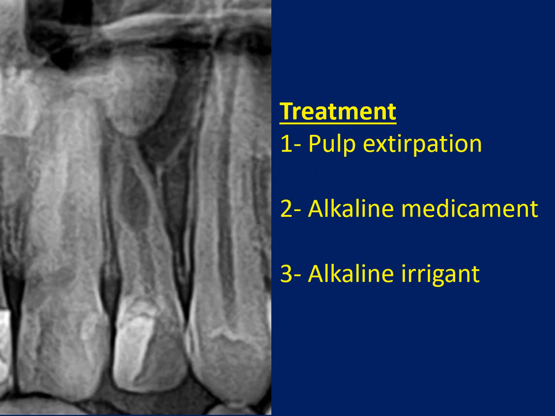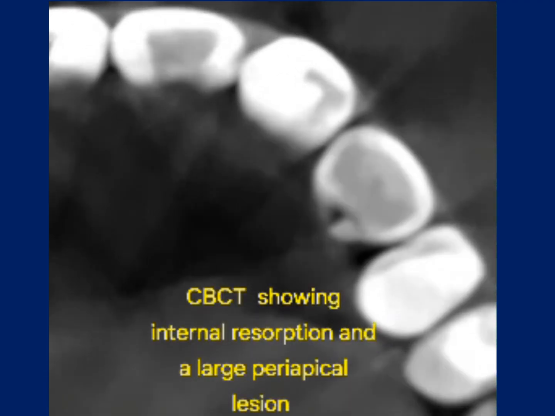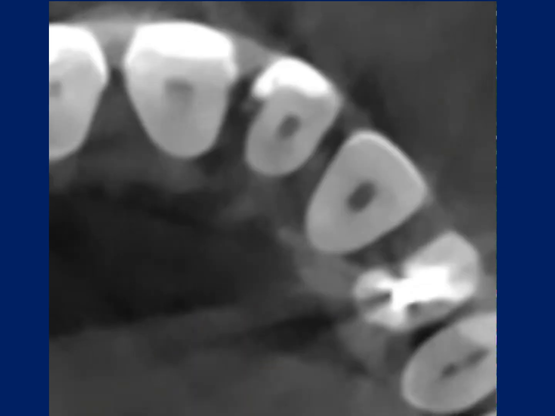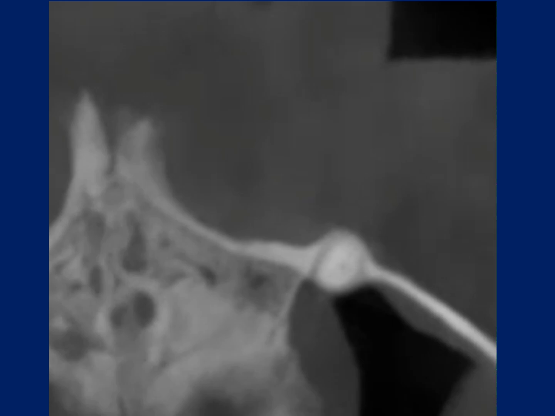So, treatment. First of all, we have to do pulp extirpation, alkaline medicament like calcium hydroxide, and alkaline irrigants such as sodium hypochlorite or chlorhexidine. Here, the CBCT shows internal resorption in the maxillary lateral incisor with a big lesion associated with it.